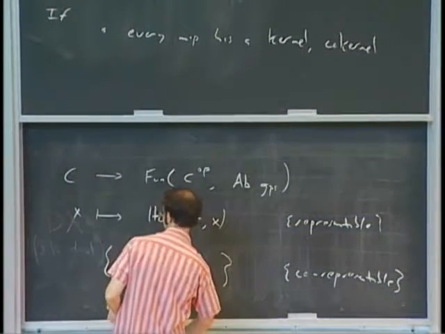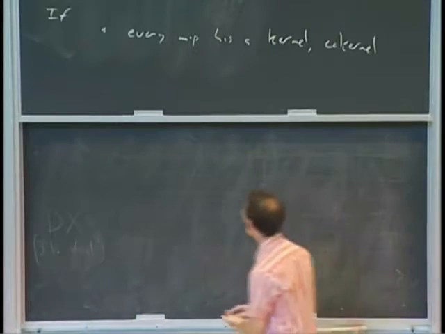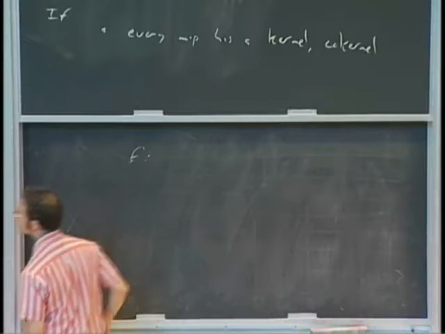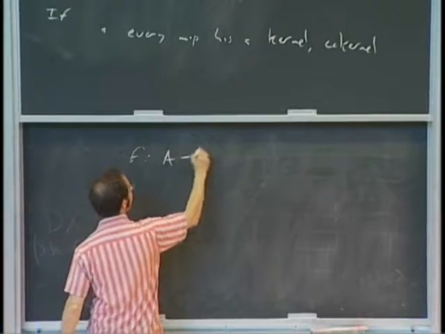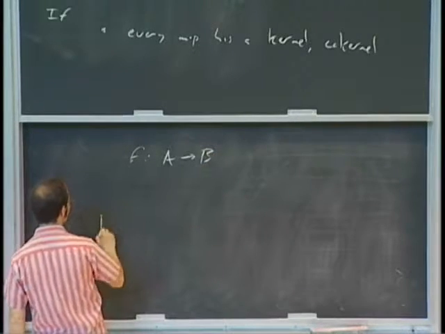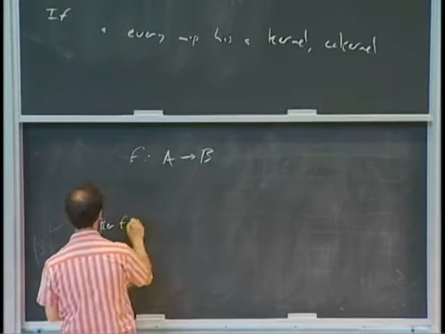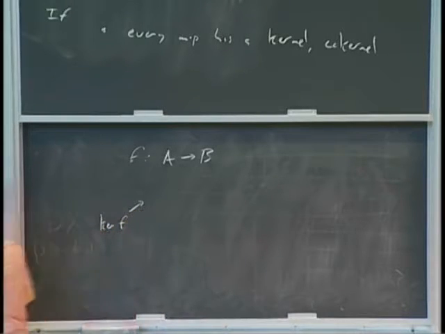So, if I have a map F, once again, what are we calling our object, A to B, and I assume that every map has a kernel and a co-kernel, well, what I have is the kernel of F. Part of the exercise, incidentally, is to line this up with the usual notion and, for instance, to extract the universal property of the kernel from this description.